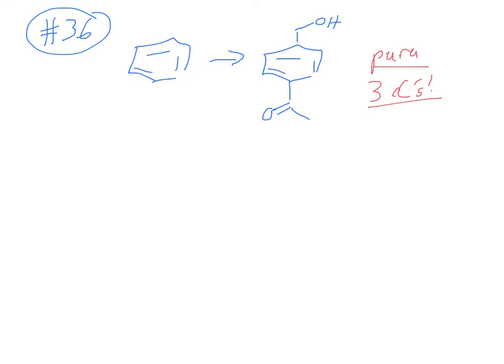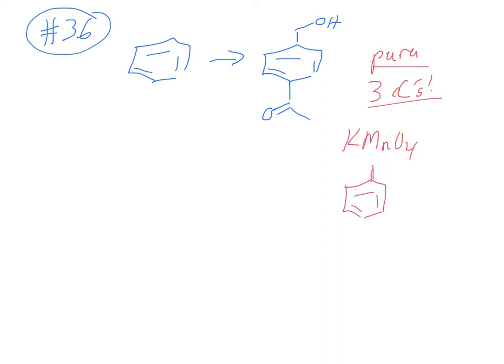The key to this, quite honestly, is that you needed to know KMnO4 can turn a group like toluene into a carboxylic acid. Maybe I did show you this, I can't remember.